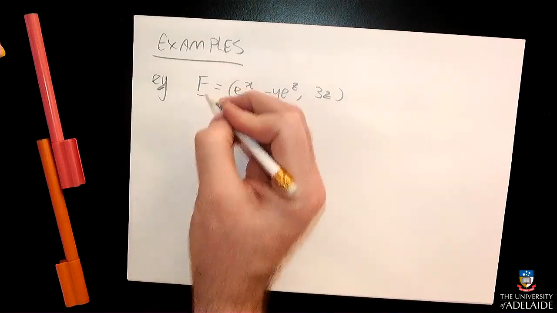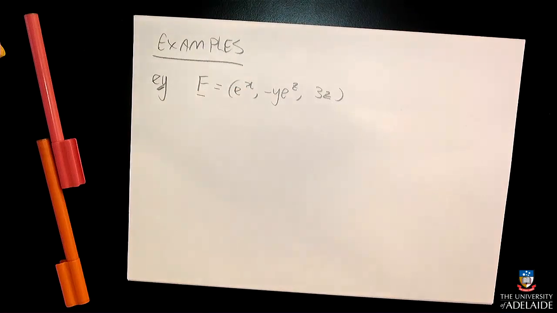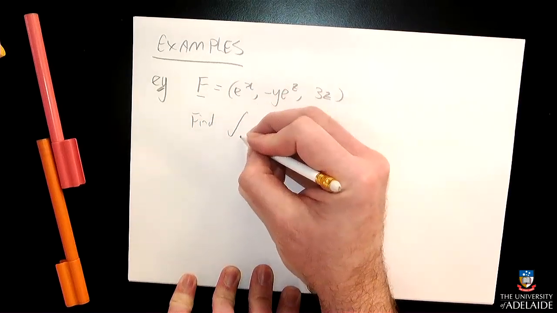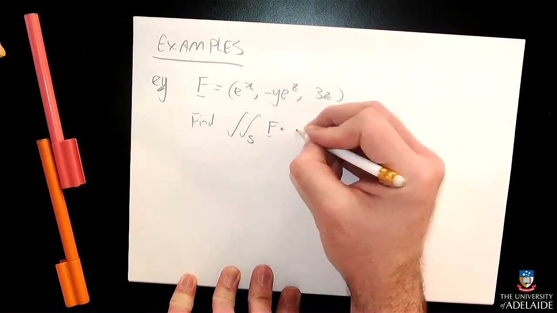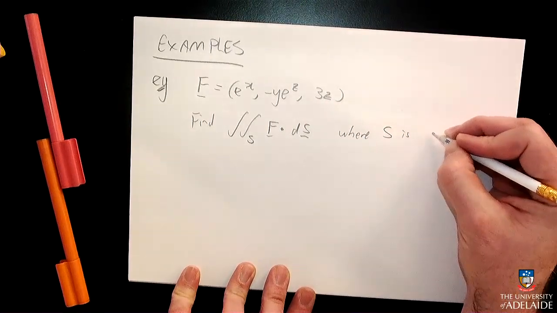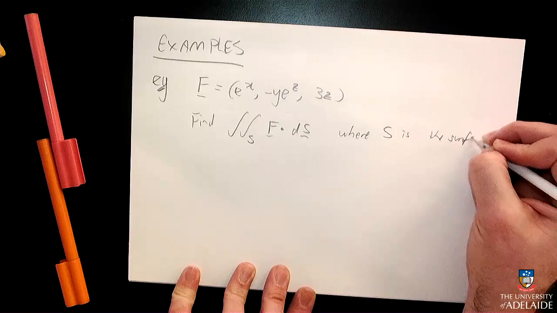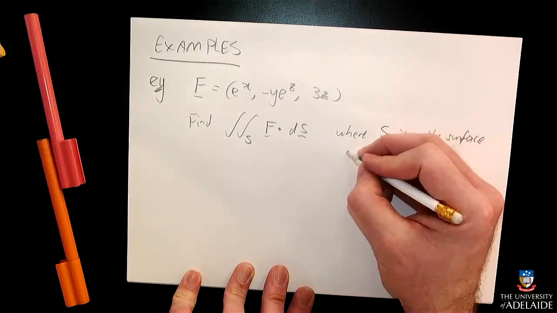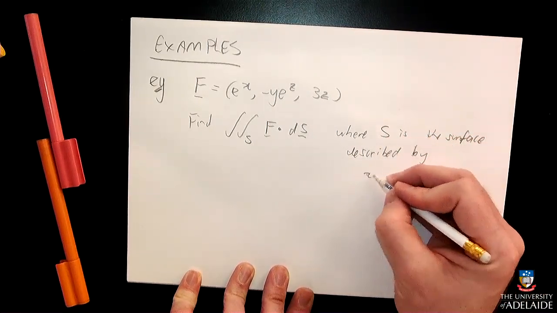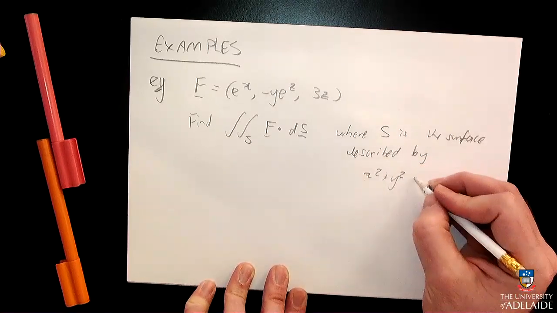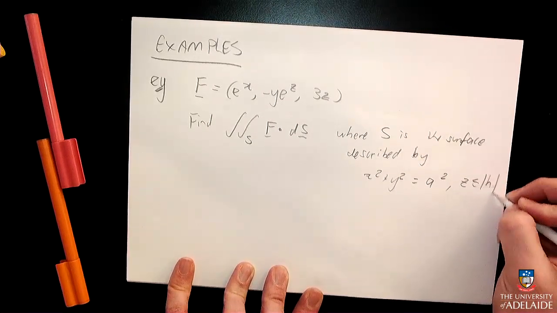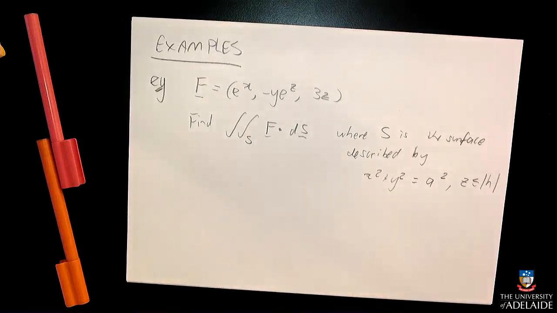Right, this is my vector function. Where S is the surface described by x squared plus y squared is equal to a squared, and z is less than or equal to h.